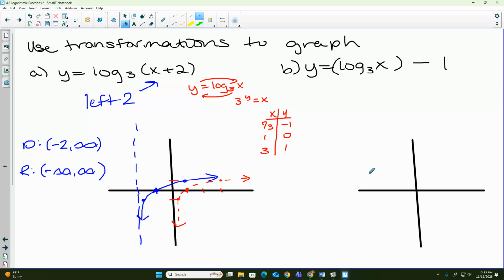Okay. On B, my parent function is the same. So we have (1/3, -1), (1, 0), and (3, 1). What's the transformation this time? Outside is y, so down. Okay, if I move up or down, is it going to move my vertical asymptote? No, so I still have this vertical asymptote at 0. And then I just move each point down.